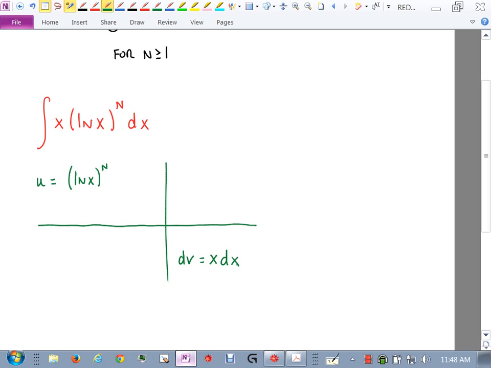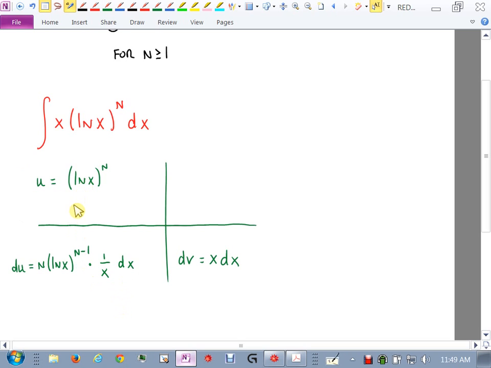Let's work with that u first. What's the derivative of u? So what's the derivative of something to the nth power? n comes out in front, natural log x to the n minus 1, times the derivative of what's inside. So what's the derivative of the natural log? 1 over x and then dx.